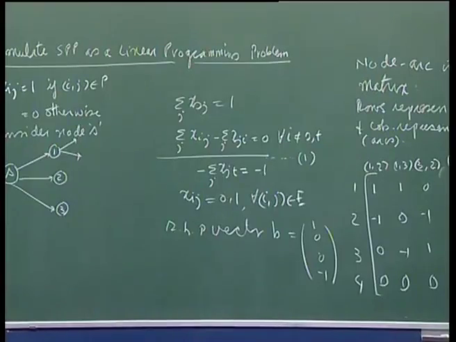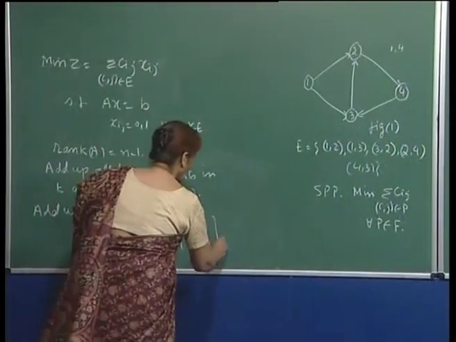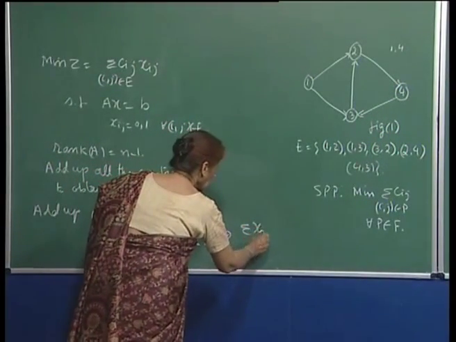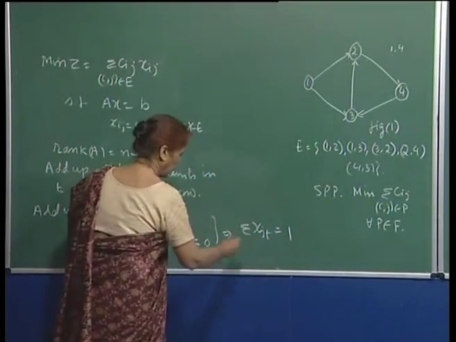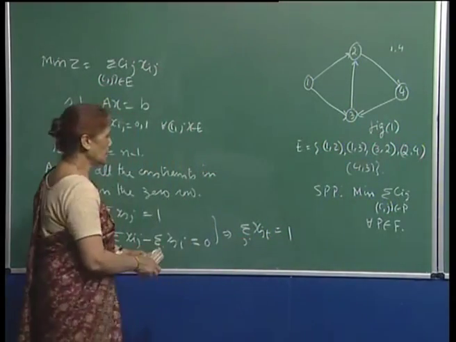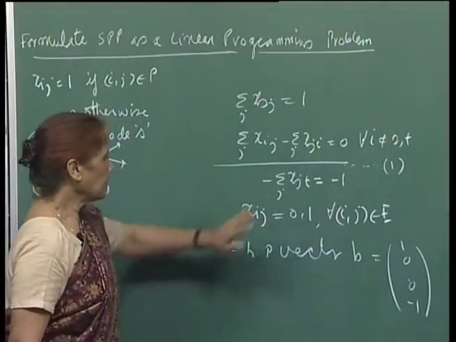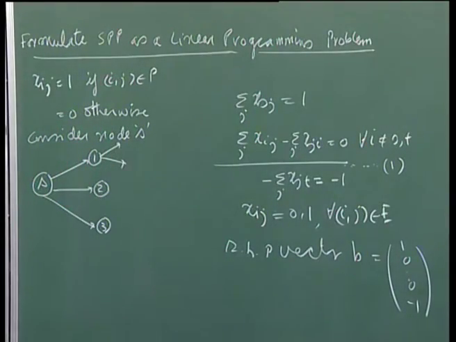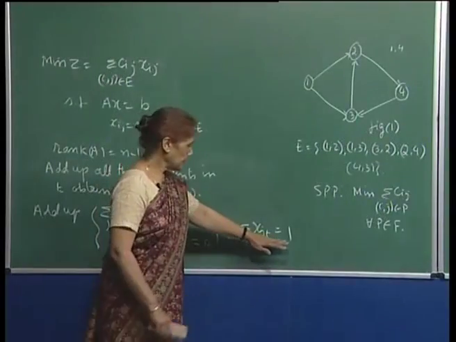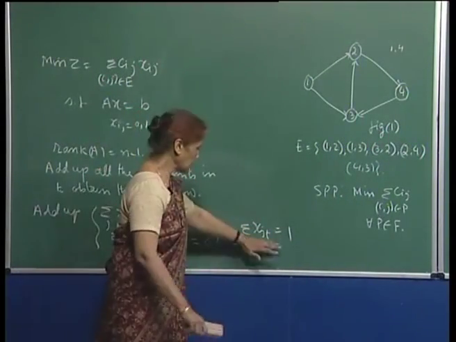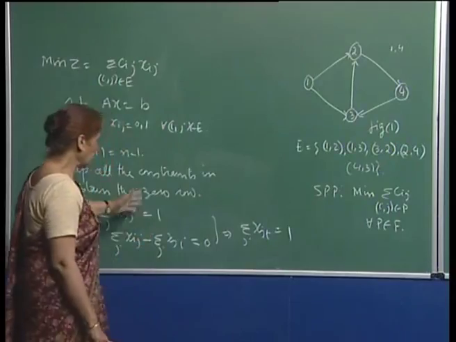So, adding up implies that summation x_jt over j is equal to 1. We just multiply it by a minus sign, because we want to keep this intact. Therefore, we can forget about the last constraint, because it is implied by the remaining ones.